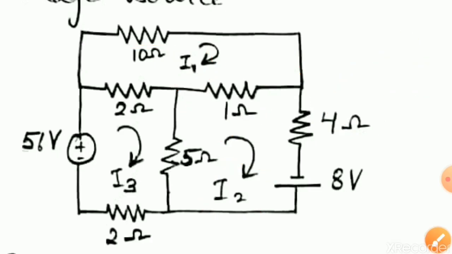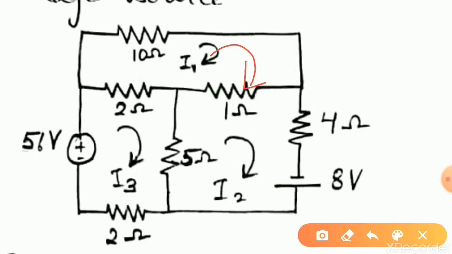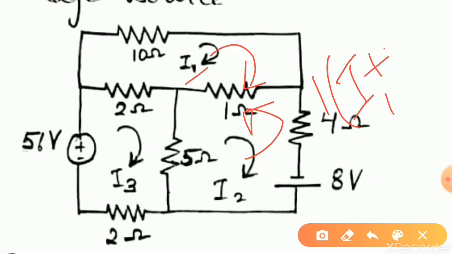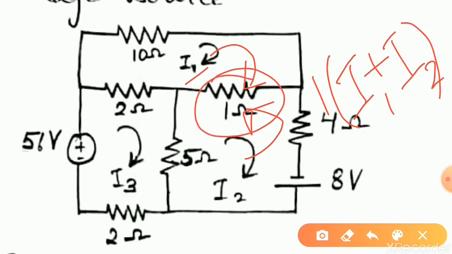If the directions were similar, that is if we had I1 and I2 this way, then we would have written the equation as 1 into major current I1 plus I2, because the directions of current flowing in the 1 ohm resistor are the same. If the directions are opposite, we have major current minus neighboring current.